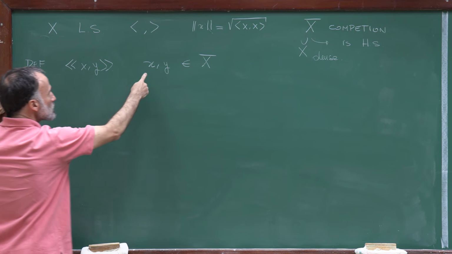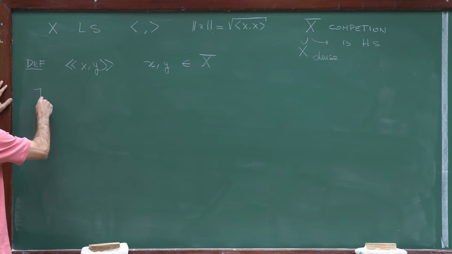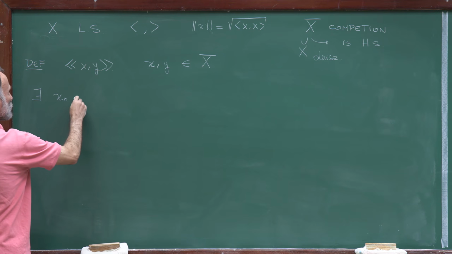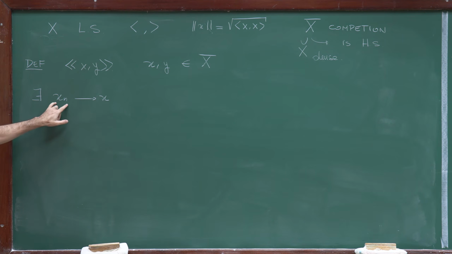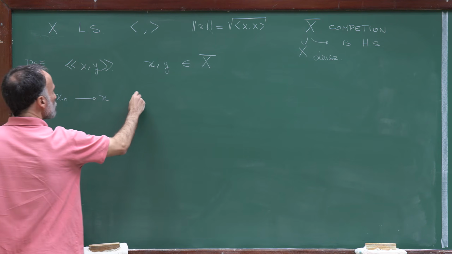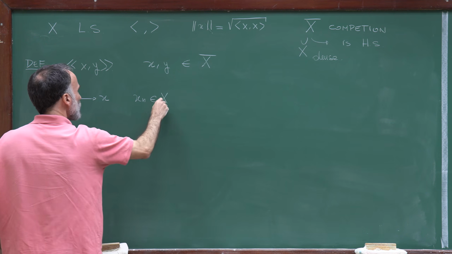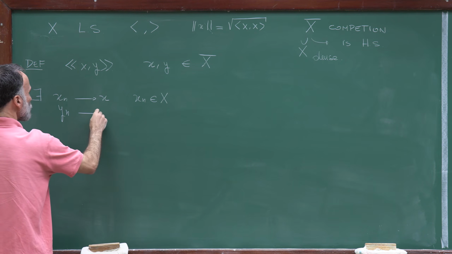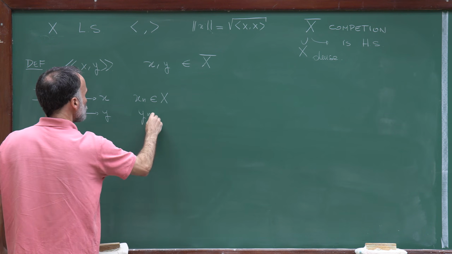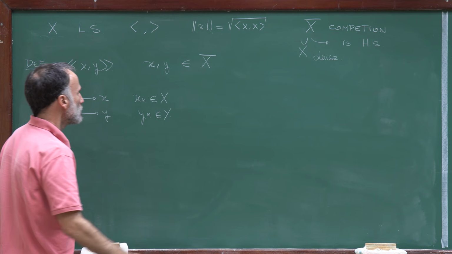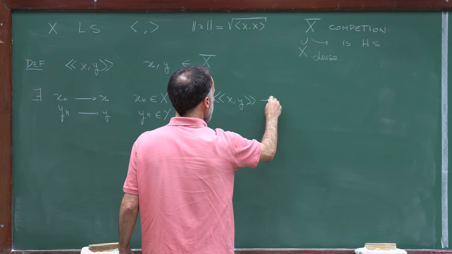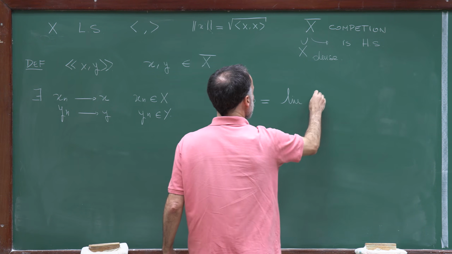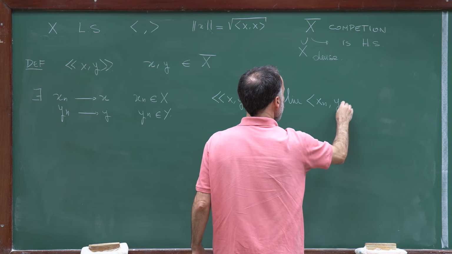So if x and y belong to X bar, I know that there exist xn converging to x, which means that xn is a Cauchy sequence in X, and yn converging to y, yn in X. And I want to define (x, y) as the limit of (xn, yn).